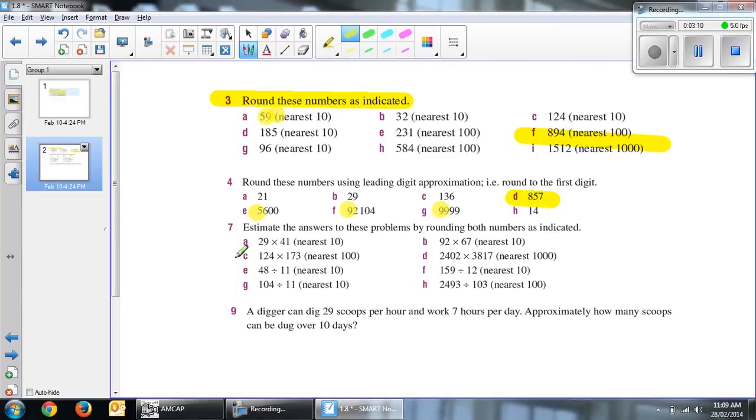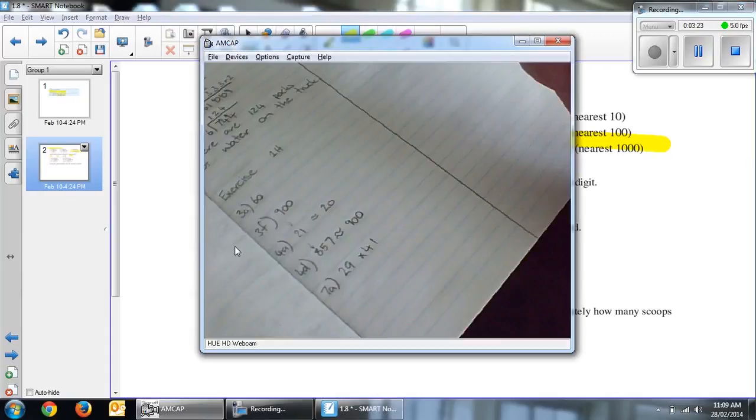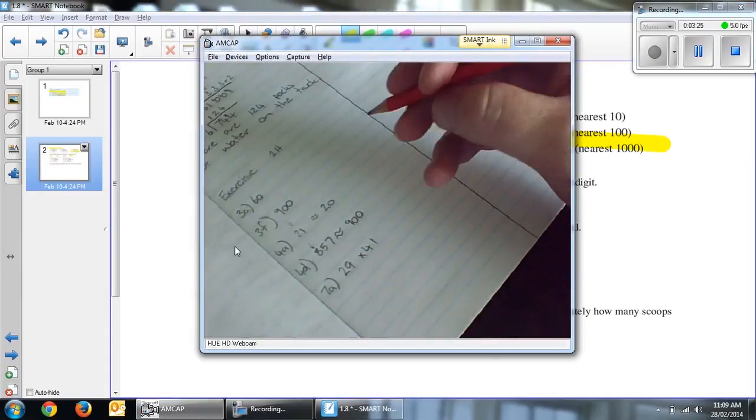In question 7, estimate the answers to these problems by rounding both numbers as indicated. So 7A, we have 29 times 41, and it's asking us to round it to the nearest 10.